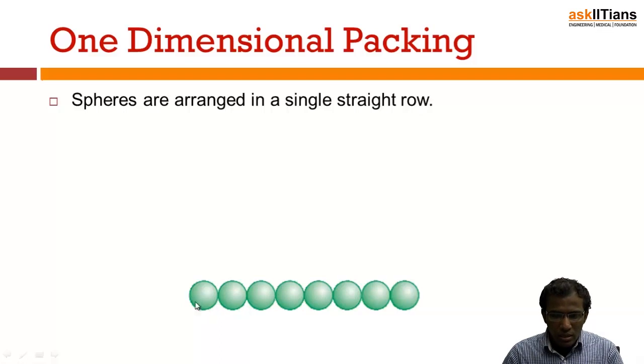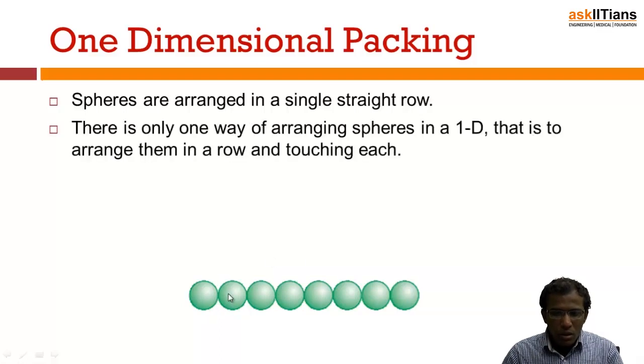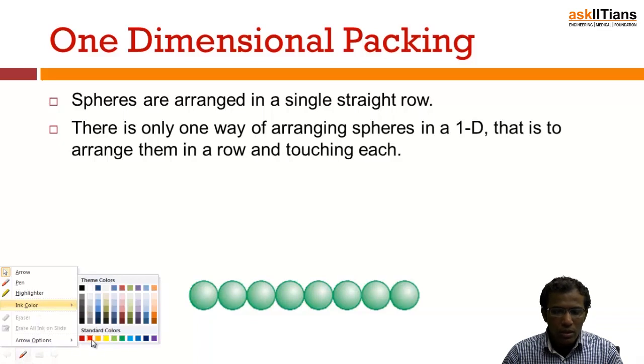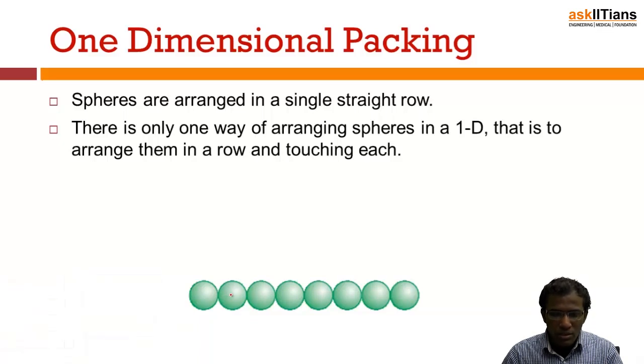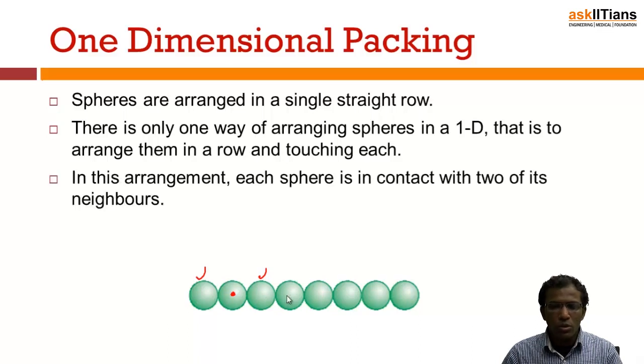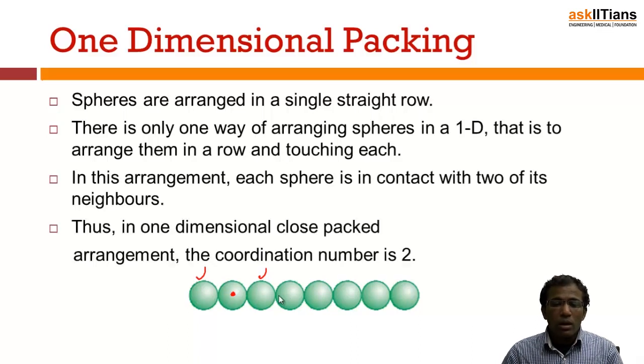If you observe here, if I take this sphere, it is touching two, one on the left and one on the right. Here I am concentrating on this sphere. This sphere is touching this one and this one. So this sphere has 2 neighbors. Similarly, this sphere also has 2 neighbors, and this sphere also has 2 neighbors. So in one dimensional packing, the coordination number is 2.